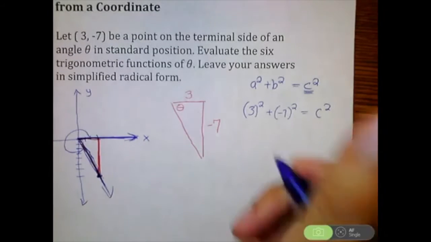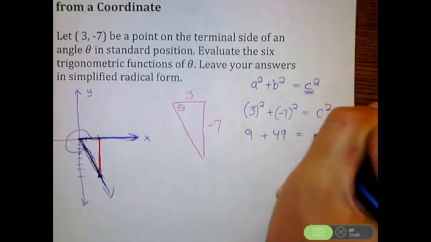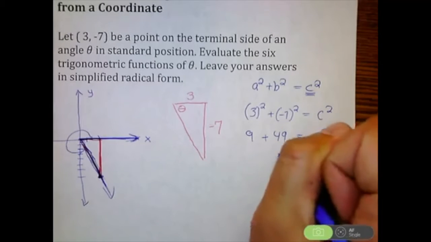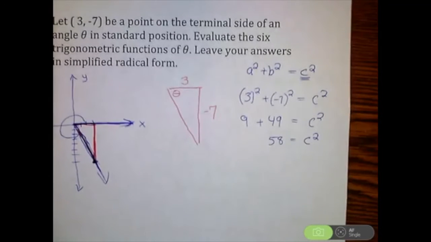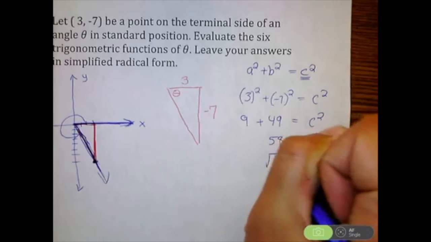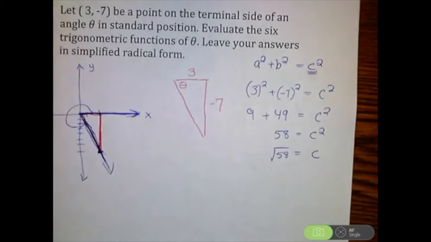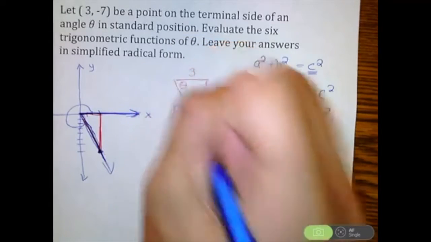So I would have 9 plus 49 equals c squared, which is 58 equals c squared. To solve for c, take the square root of both sides, so we get c equals the square root of 58. So my missing side is the square root of 58.